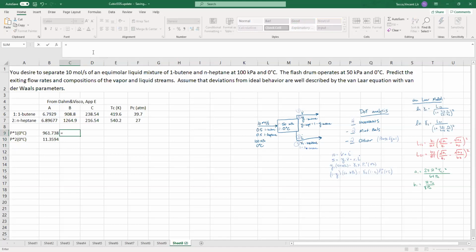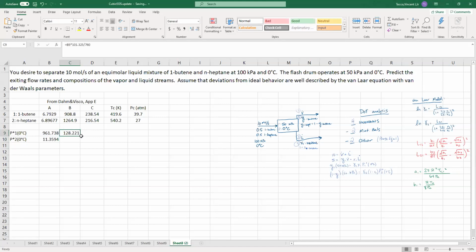Next, I want to convert this to kilopascals. I know this is millimeters of mercury. If I convert this to atmospheres, I need to divide by 760. And then to convert to kilopascals, that is, what, dividing by 100 again? No, multiplying by 100. 101.325 to be exact, equals this cell times 101.325 divided by 760.